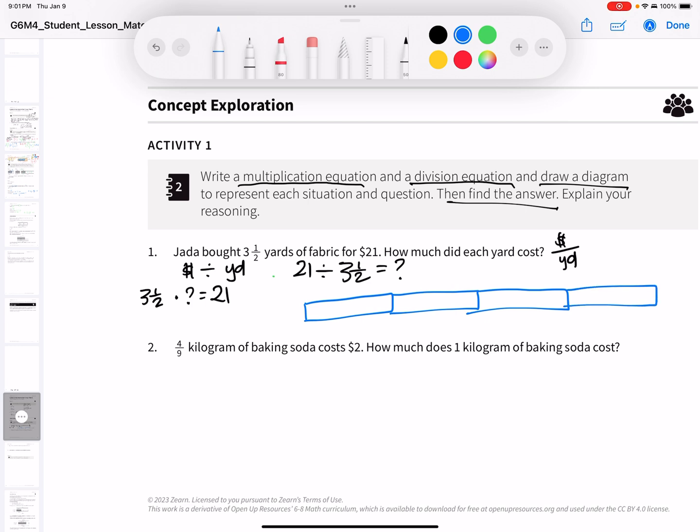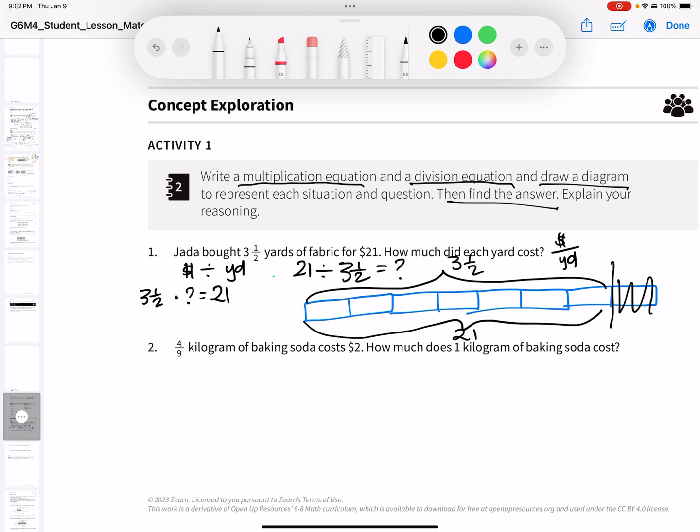Okay, so I'm going to split these into halves because I only want to use 3.5, so I need to get rid of that half. Now, we know that this 3.5 yards costs $21. So what does each half yard cost, right?